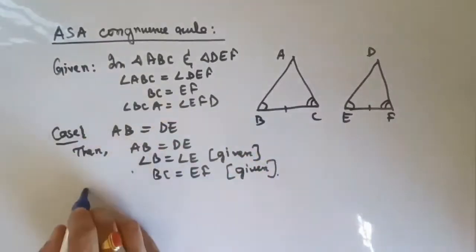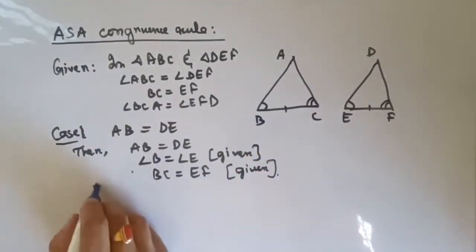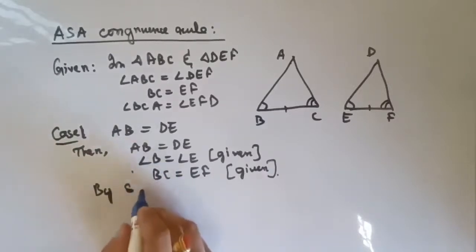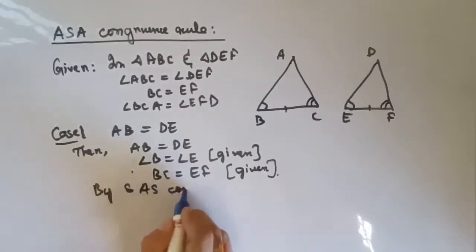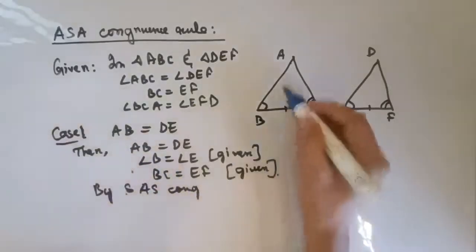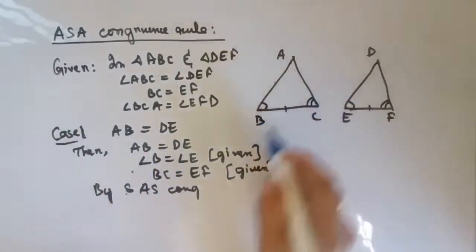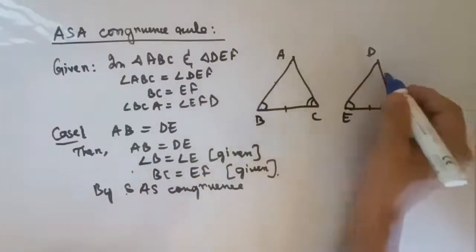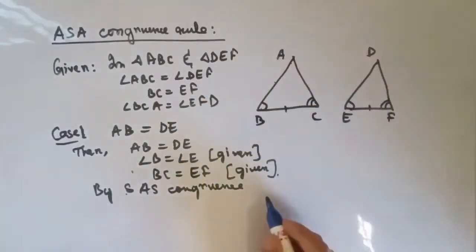Then by SAS Congruence Rule, that is side angle side, the two triangles ABC and DEF are congruent to each other.